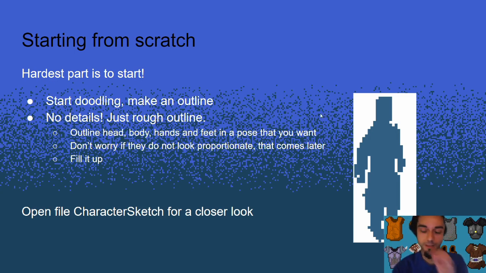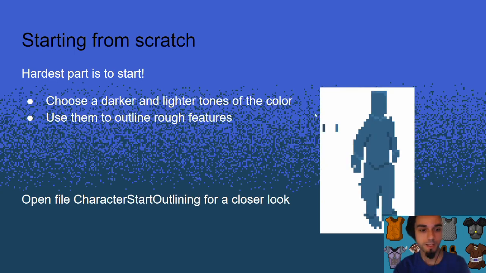Once you have done this initial sketch, the next step is to outline a bit more. So let's say that the character would have a shirt. So we would want to have a collar, the sleeves are going to be here or whatever. There's going to be some darker parts.